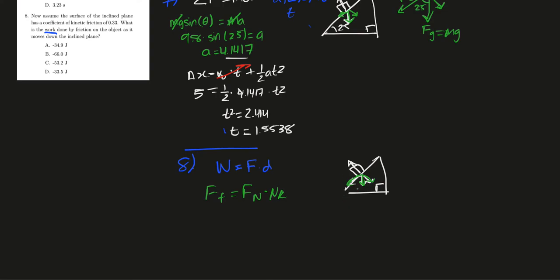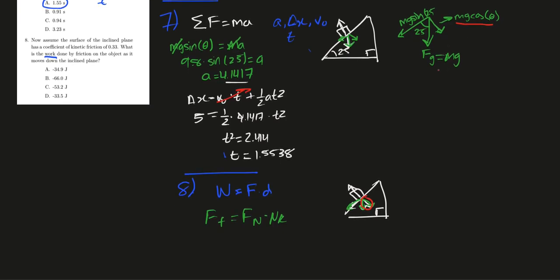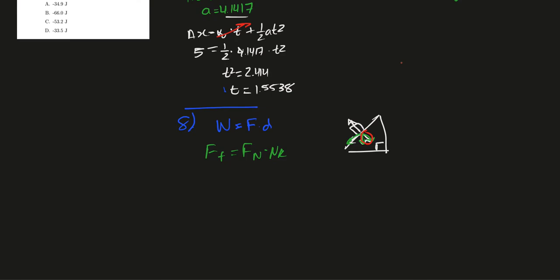We want the component of gravity that's perpendicular, and that one has the value of mg cosine of theta. So the normal force is going to be mg cosine of theta. And then we know that the coefficient of friction is 0.33.